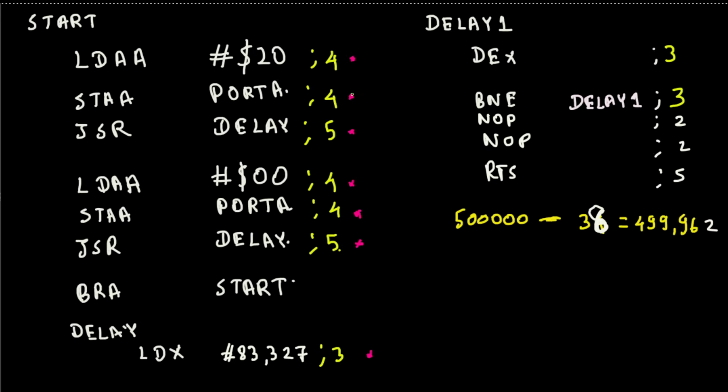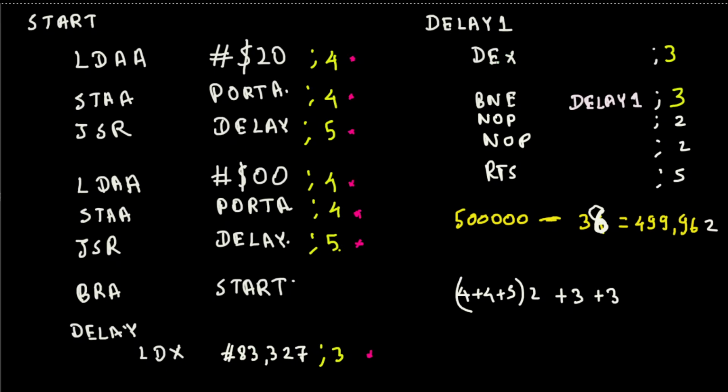Now if you add all of them, like 4 plus 4 plus 5 times 2, because it's happening twice here, and then plus a 3, and then plus another 3, and these 3 plus 3 are happening this many times.